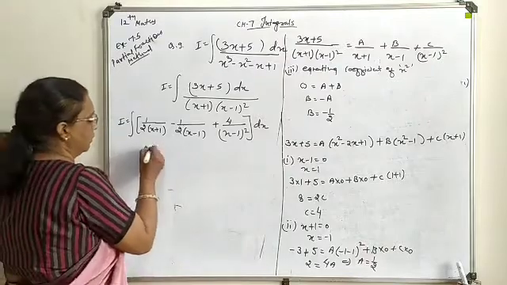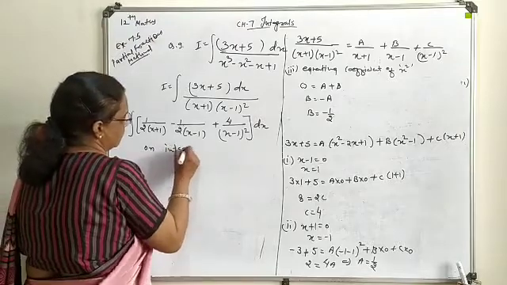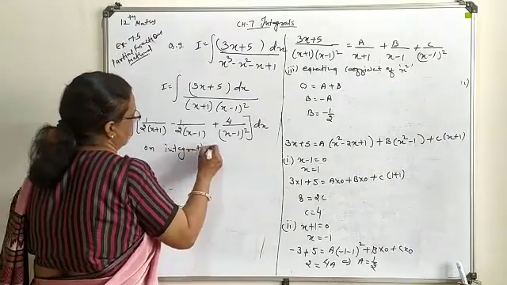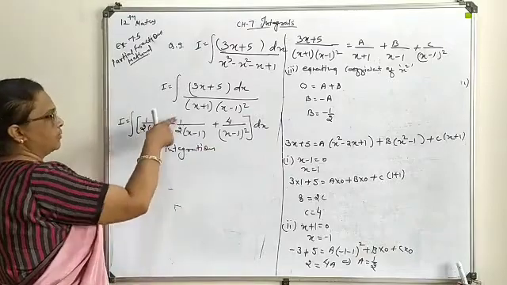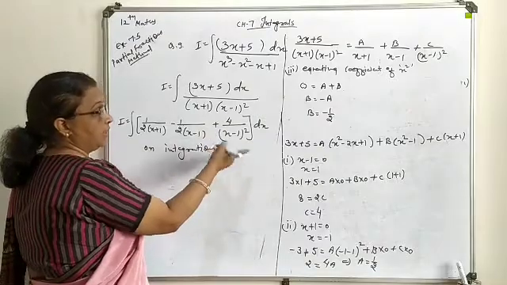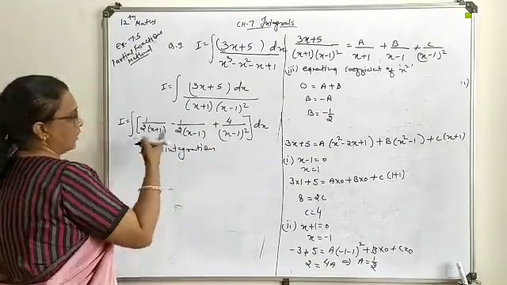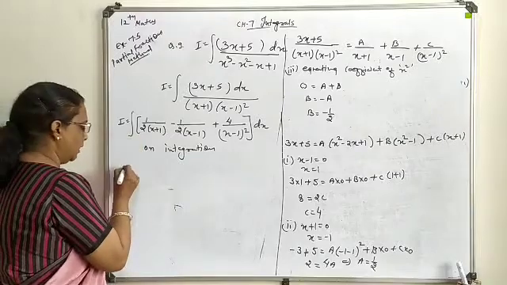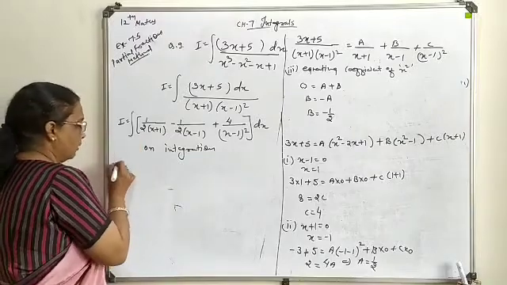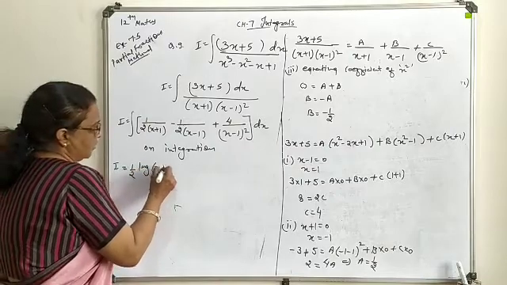So on integrating our terms, here it is 1 upon x form, this is also 1 upon x form, but here it is 1 upon t square, means t power minus 2. So that integration also twice or thrice we have already written. So on integration, this will be your 1 upon 2 log x plus 1.